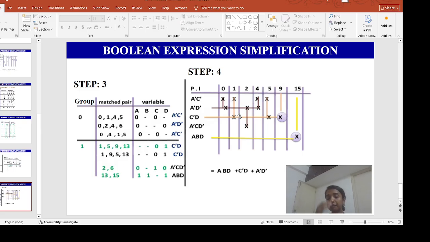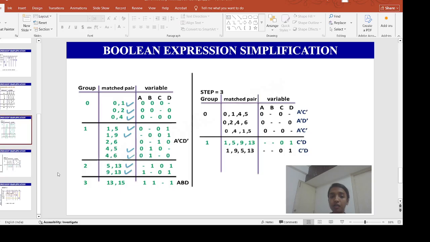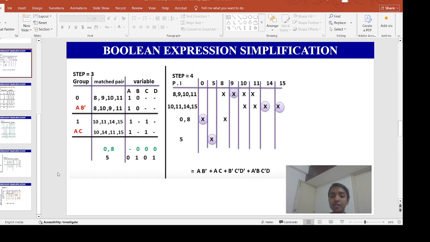If you recall, in the previous expression, how did we put the cross here? 8, 9, 10, 11. We have to write the cross here. 10, 11, 14, 15. We have to write the cross here.